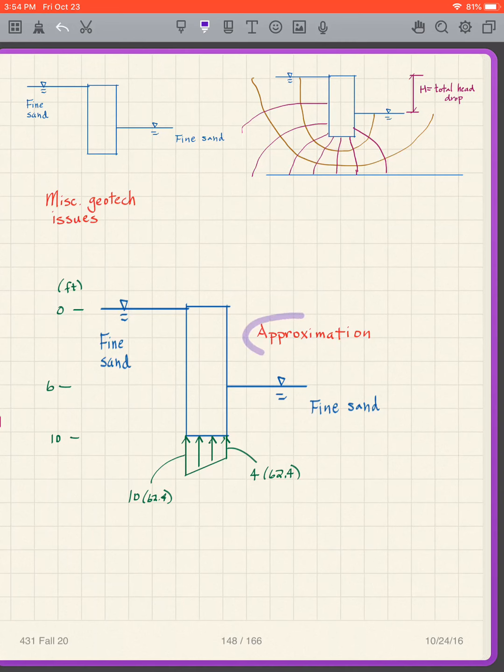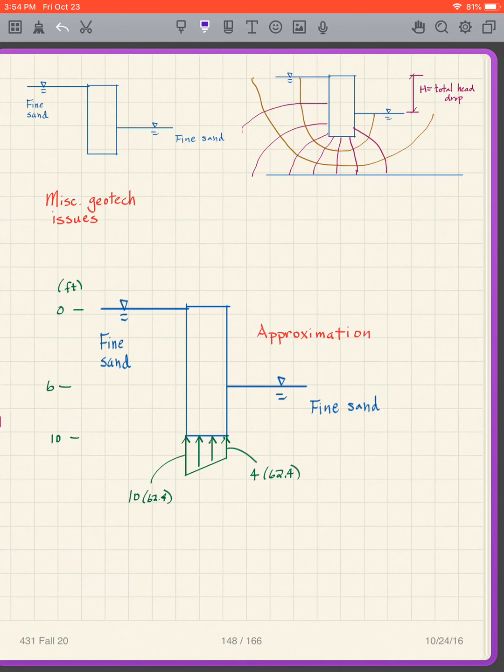But as an approximation, I can look at these pore pressures there, and in some cases it's a good enough rule of thumb.